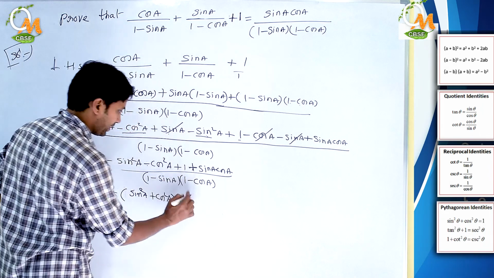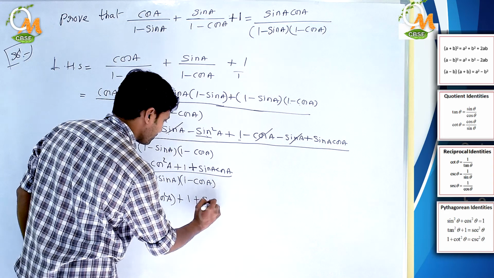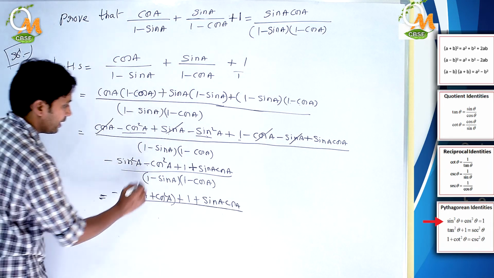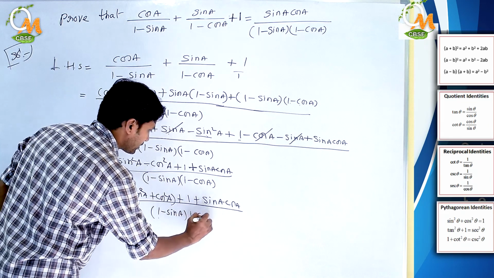Plus this one should be written as it is, and this sin A cos A should be written as it is, upon again 1 minus sin A into 1 minus cos A.